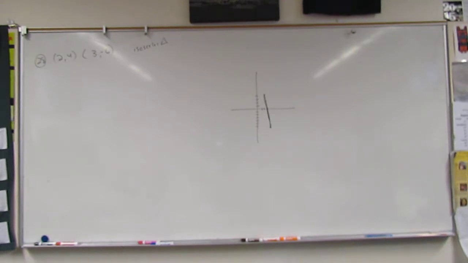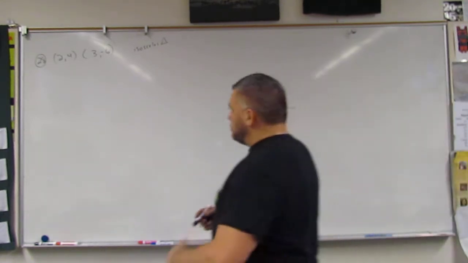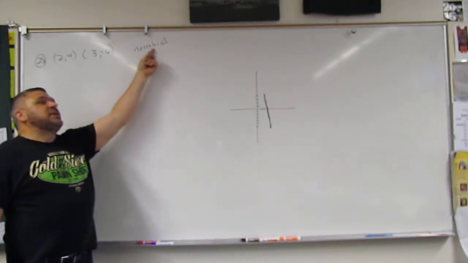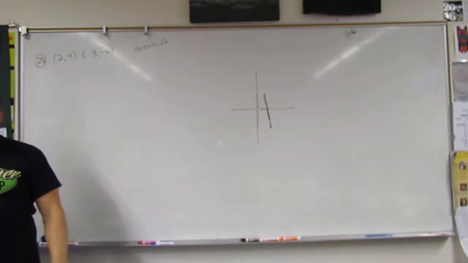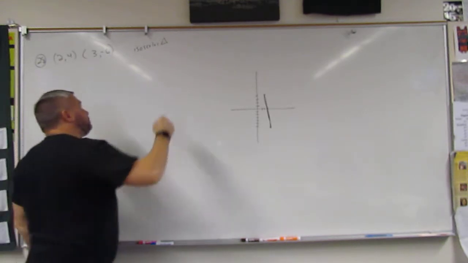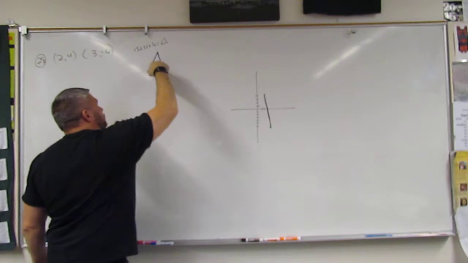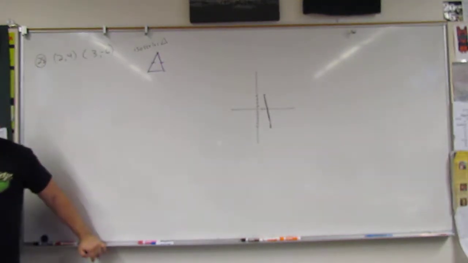Two sides. Iso means 2. Two sides, so 2 sides are equal. So an isosceles triangle, well, 2 sides are the same.